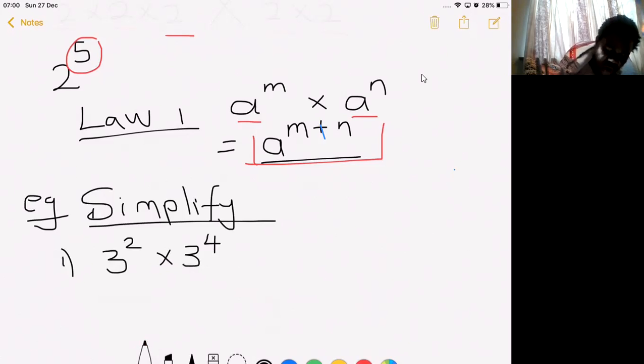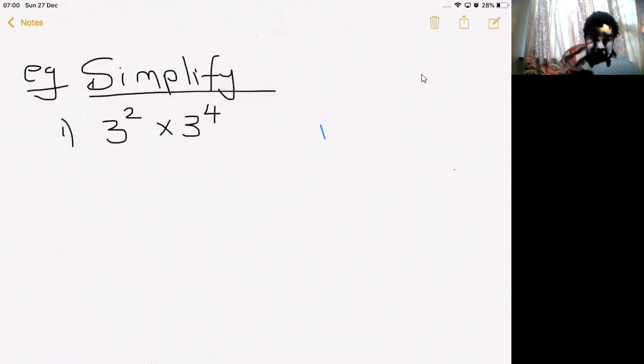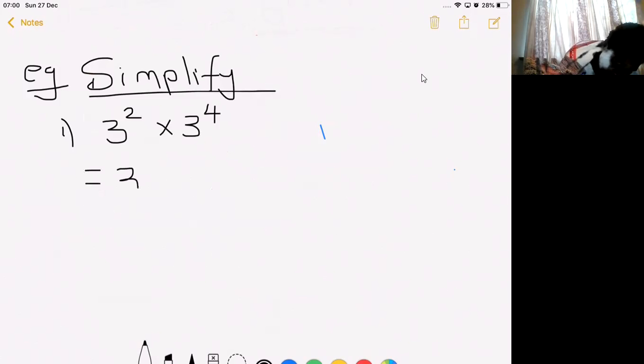What do you do? You check if the bases are the same. Yes, in this case, the bases are the same. So if the bases are the same, I keep the base and I add the powers, because that's the rule.